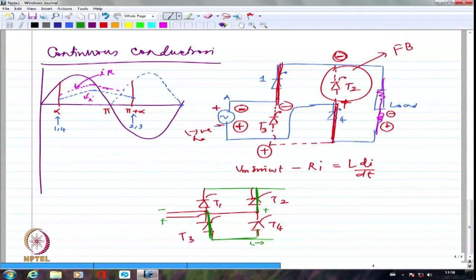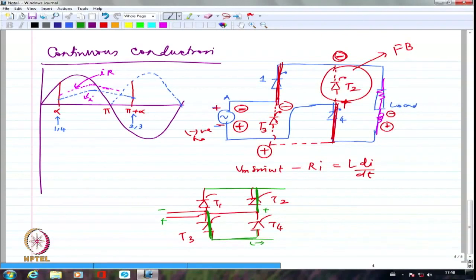You see? Because these two terminals are directly connected across T1 and T4. This is negative that is connected to the anode directly. And this is positive that is directly connected to the cathode. The load does not come into picture at all here.